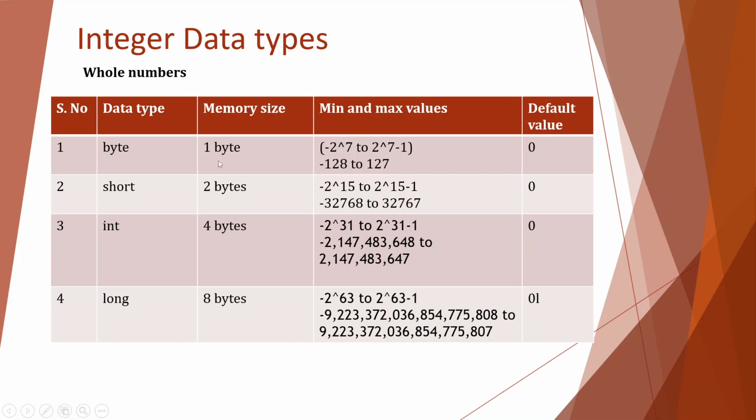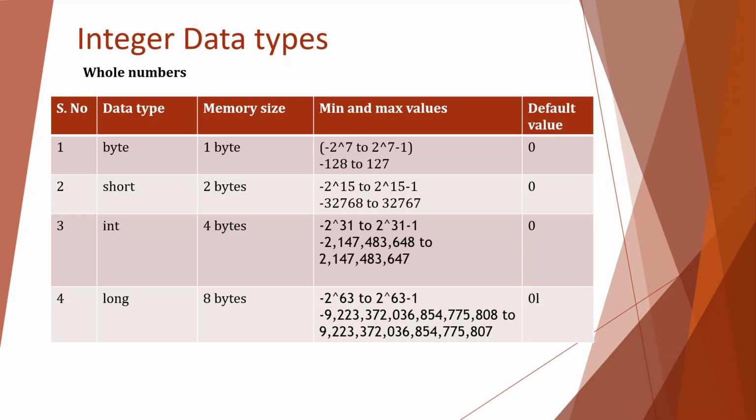But what is the value range for positive and negative values? Among these 8 bits, the system takes 1 bit for storing the sign. So 7 bits remain, and in those remaining 7 bits the data will be stored.